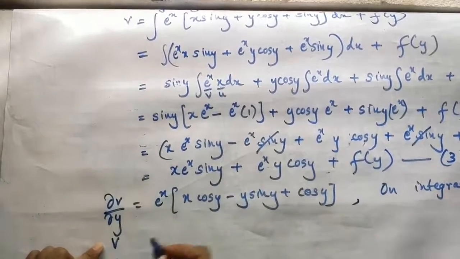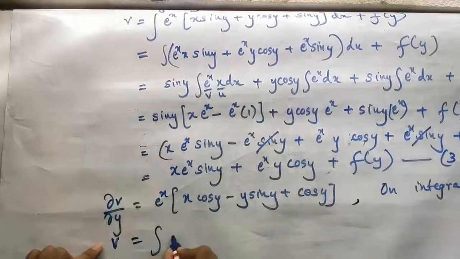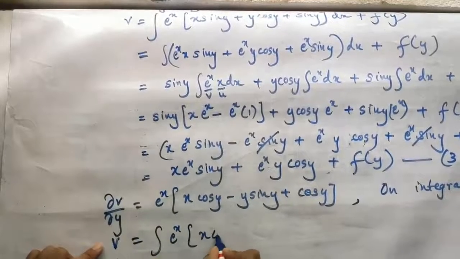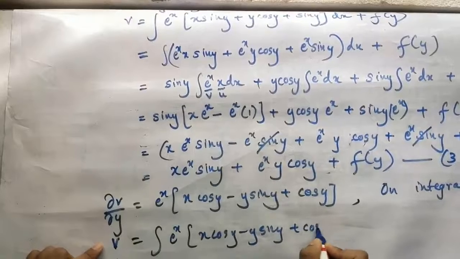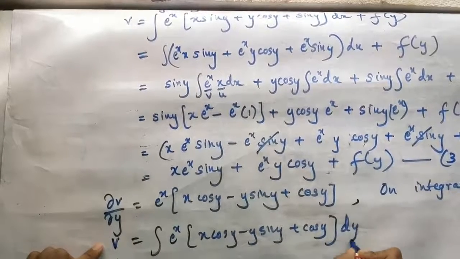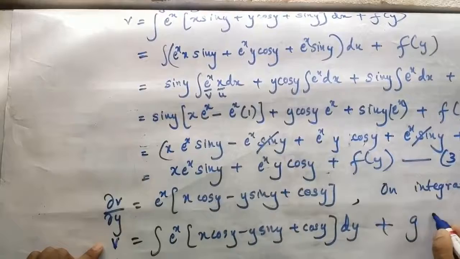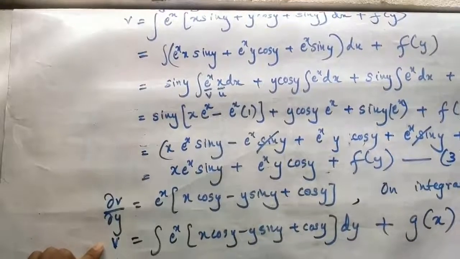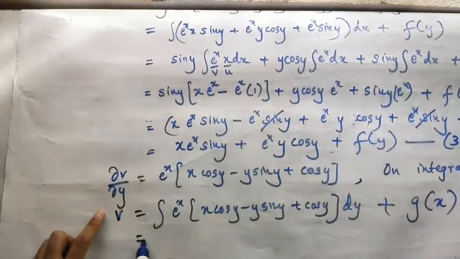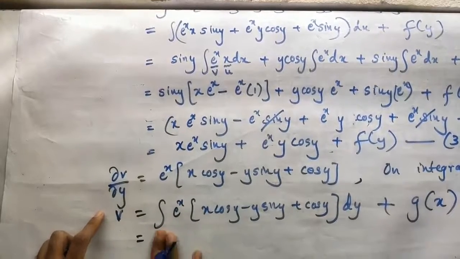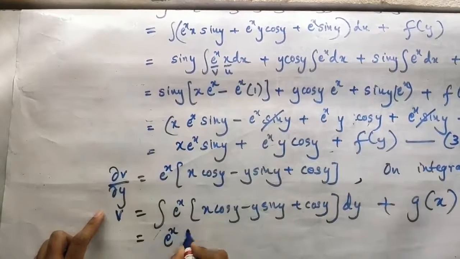With respect to y, you get v is equal to under integral sign e to power x cos y minus y sin y plus cos y dy plus some arbitrary function of x, which I'm writing as g of x. Now let us integrate this. It will be under integral sign because x is constant. I can take e to power x outside.